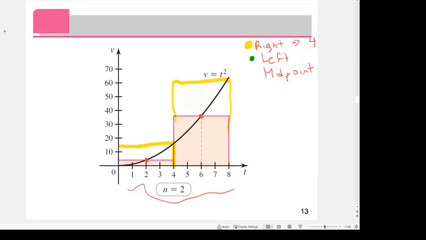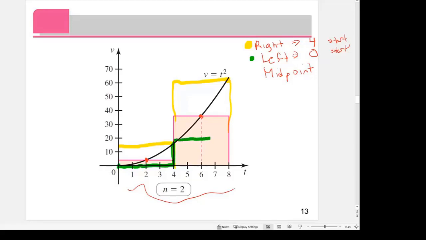Here, if I use the left-hand rule, then I would be starting at 0 because that's the left side. And if I made a rectangle, I would actually have no area for the beginning rectangle. And then the next one for left would be here.